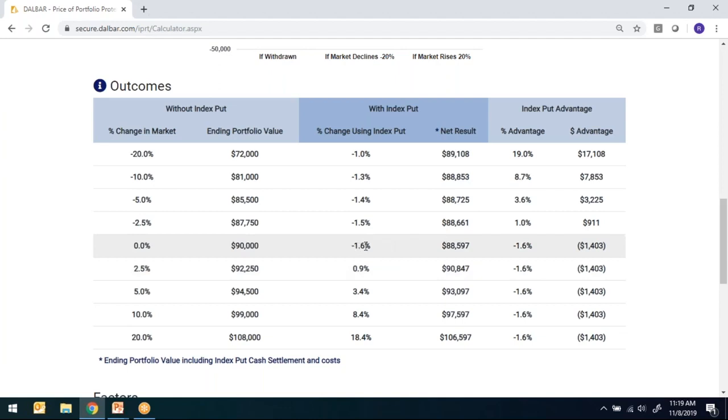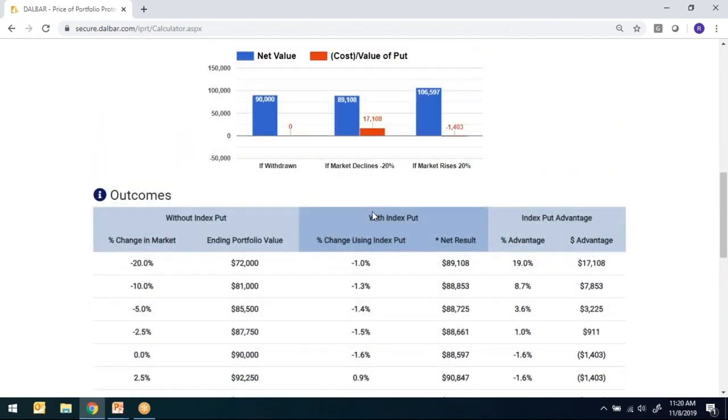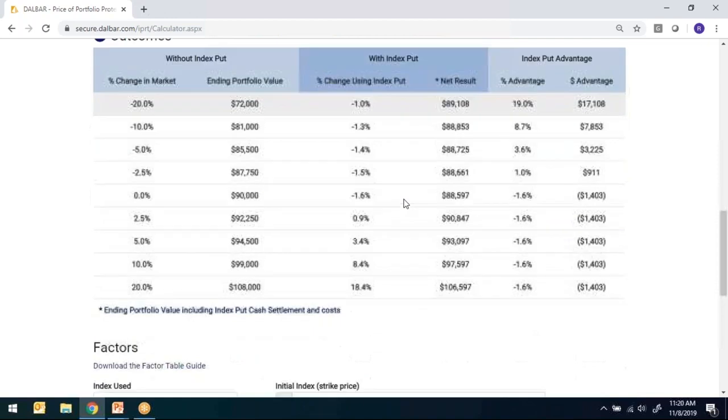However, the downside protection is a lot less. So now in situations where the portfolio loses, you can see that they are protected. They're losing a whole lot less, but not gaining, whereas in the last example, with a 20% loss, there was an actual gain being made by the investor. So this is a way of getting less downside protection for less of a premium.